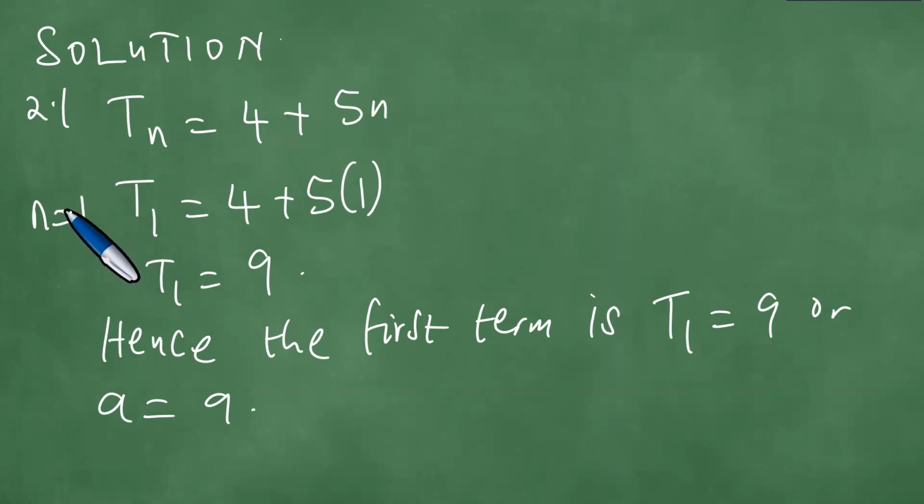First term means that the term number n equals 1 in the sequence. So because they're looking for the first term, we call it T1 equals 9, or we call it a equals 9.